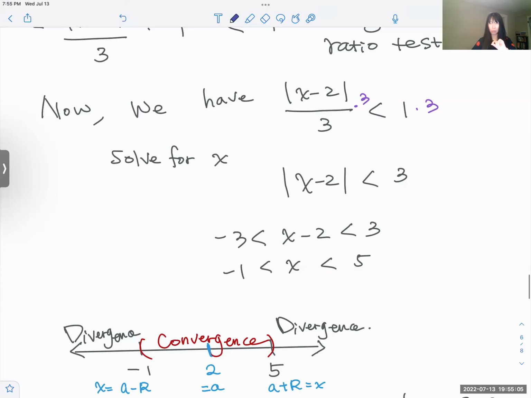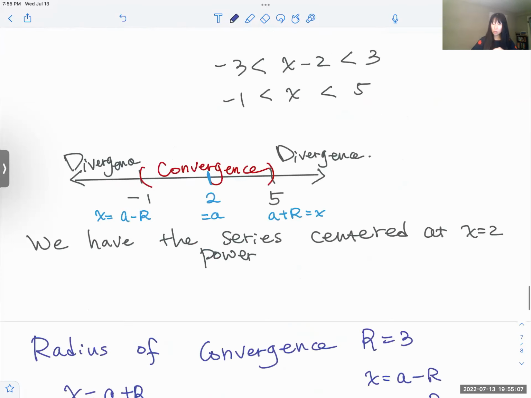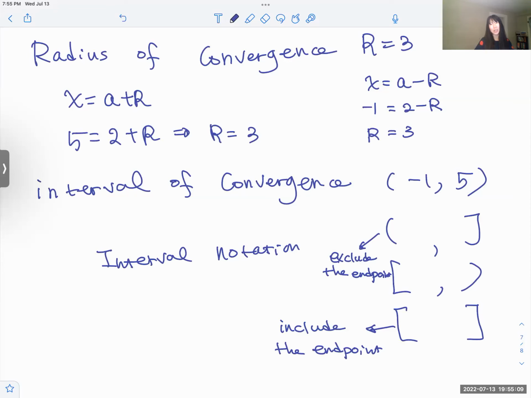There's no interval at all, right? So for type number 3, we have to check whether we are using brackets or parentheses, all right? That is the final answer for the interval of convergence for type number 3, okay?